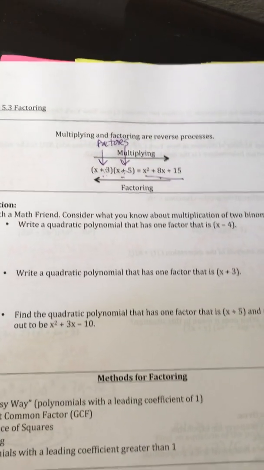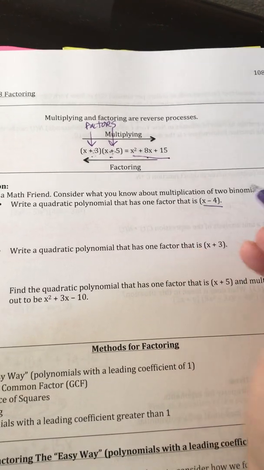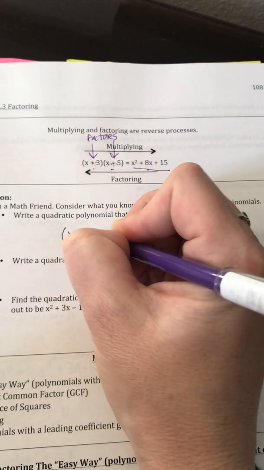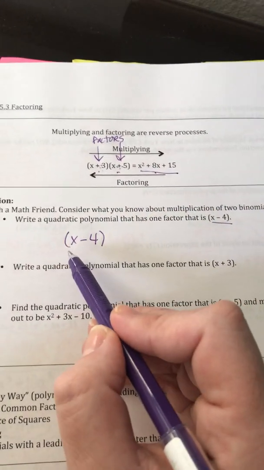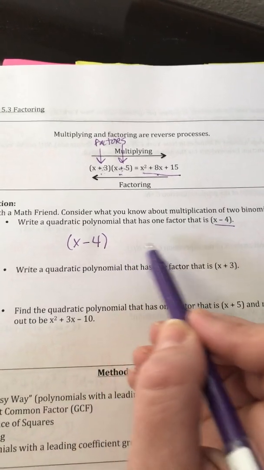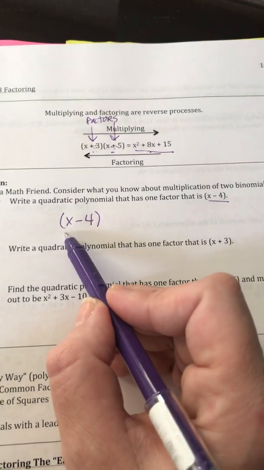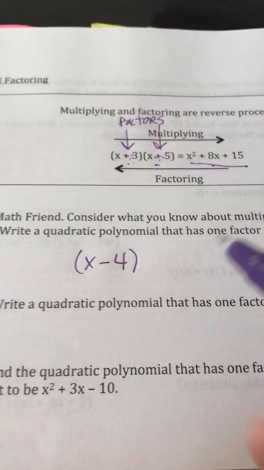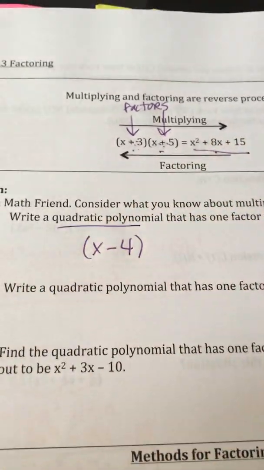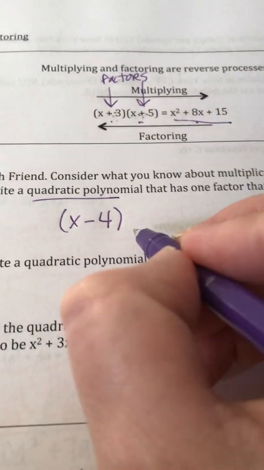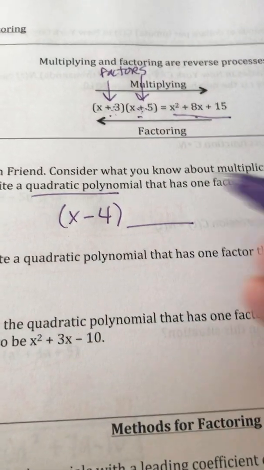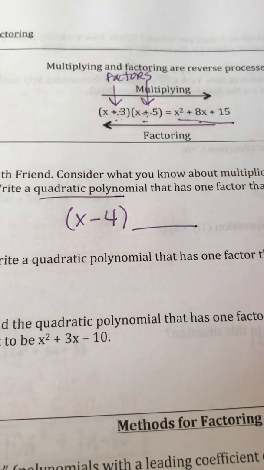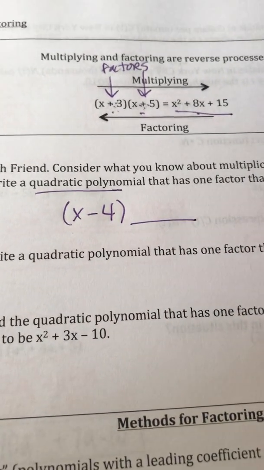So if I know that one factor needs to be x minus 4, I'm not telling you what the other factor has to be. I'm just saying that one of the factors has to be x minus 4. So when you create your polynomial, we want to take another factor and multiply it along with this factor. Really, you could pick anything.